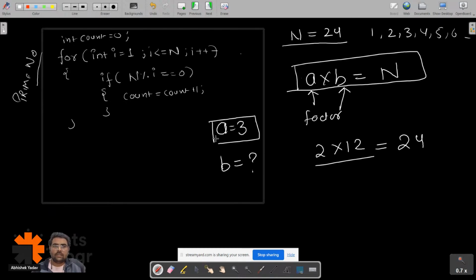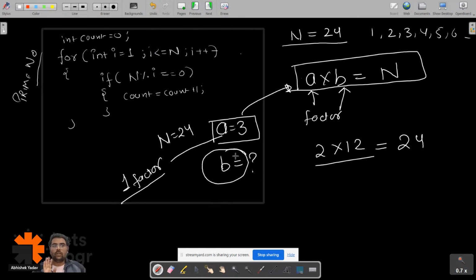If I know the value of a is 3 and the value of n is 24, then what will be the value of b, according to this equation? Correct. So here I am getting the correct answer from most of you. So here you are saying that if I know one factor, then I can easily get the next factor also. Okay.